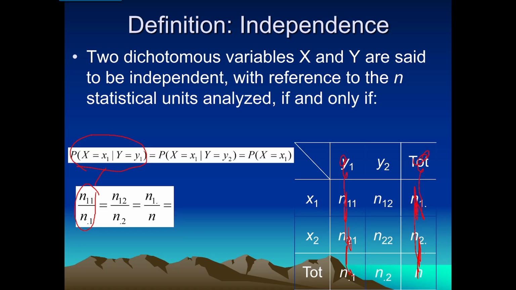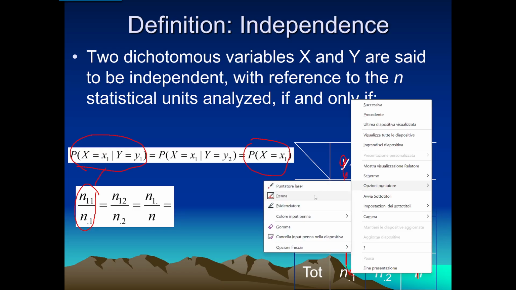What is the probability of observing x1 given that y2 has shown up? n12 divided by n.2, right. On the other hand, what is the marginal probability of observing x1 without knowing the value of y? It is n1. divided by n. Can you see it? The final one.